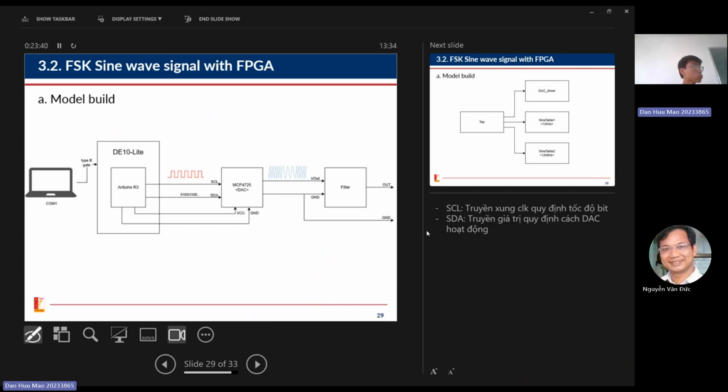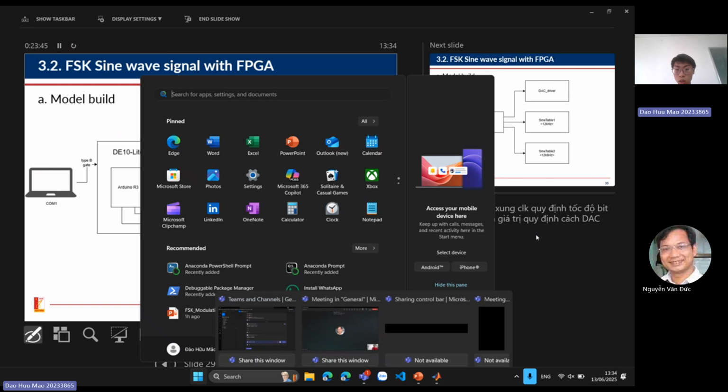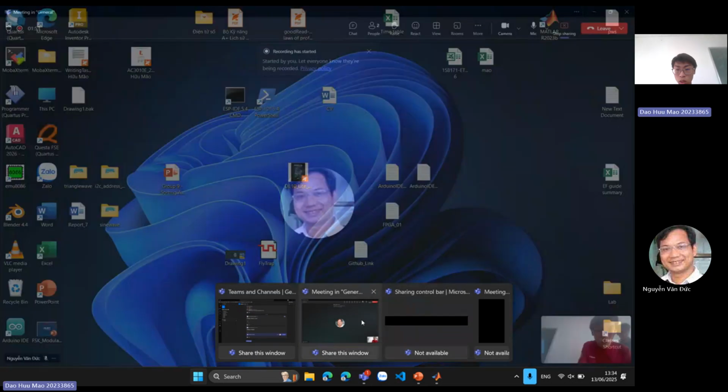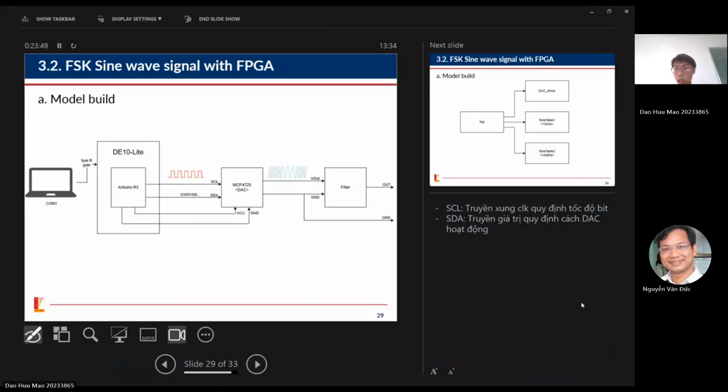Okay, so our first block is here, the DE10 Lite FPGA board.